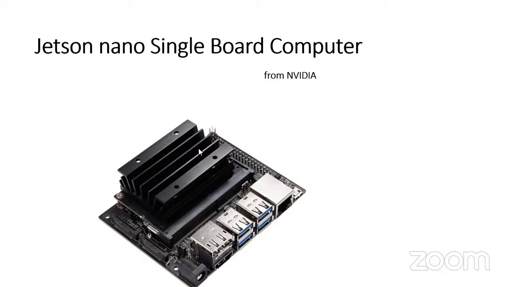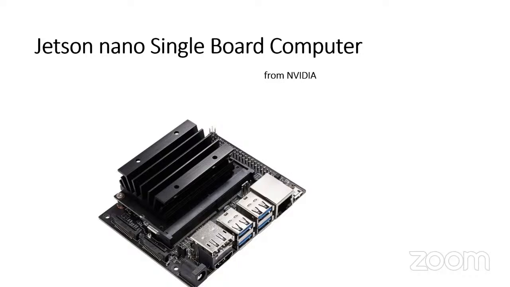So it can be used for developing AI applications and also for developing robotic applications with AI. Because if you take this single board computer, it has all the processing capabilities of a normal PC with a GPU and CPU, plus it has the capabilities of a simple microcontroller.